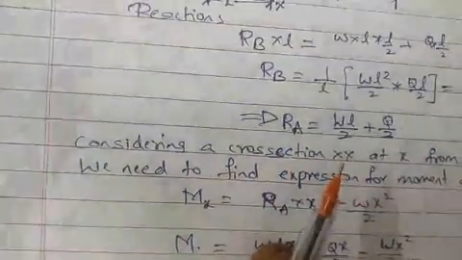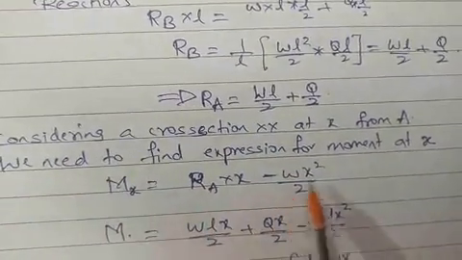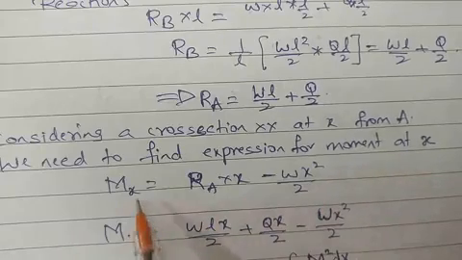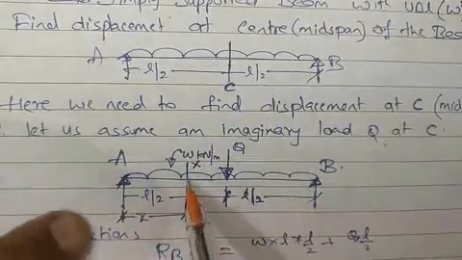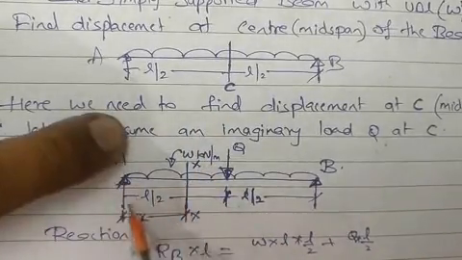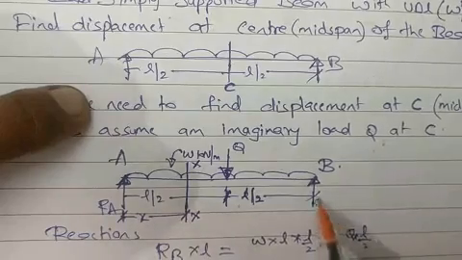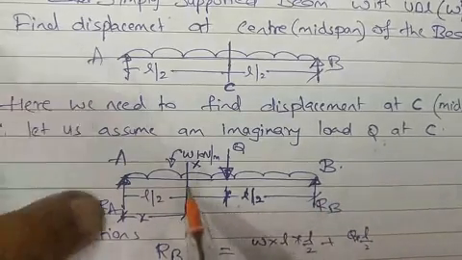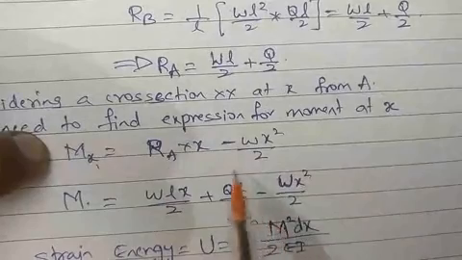Now considering a cross section XX at a distance X from A, we need to find the expression for moment at X. Mx is equal to Ra into X minus Wx square by 2.